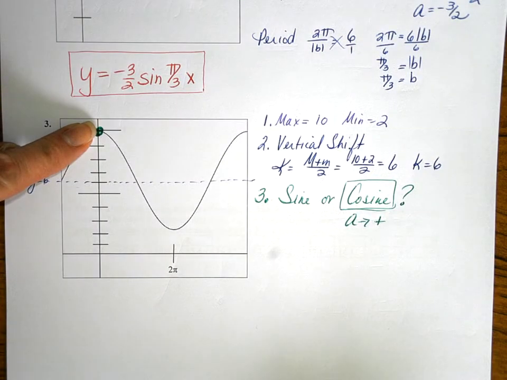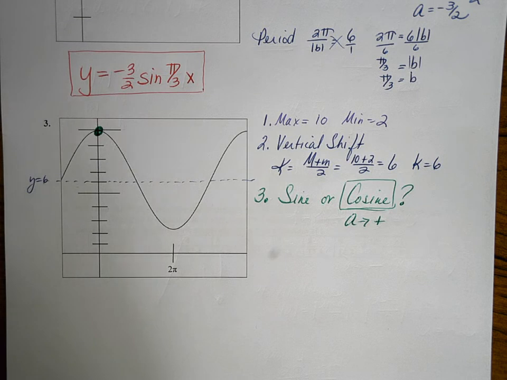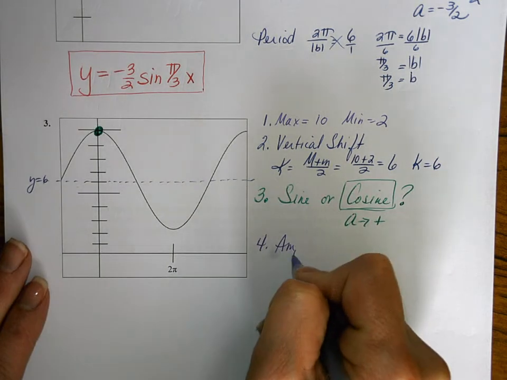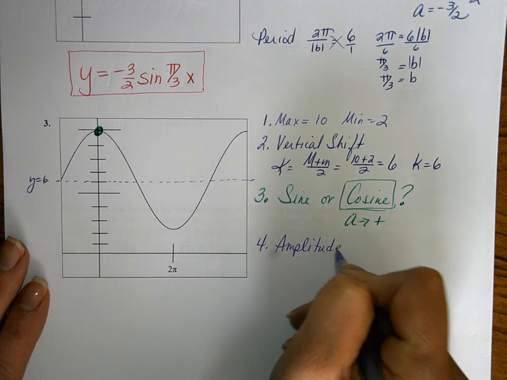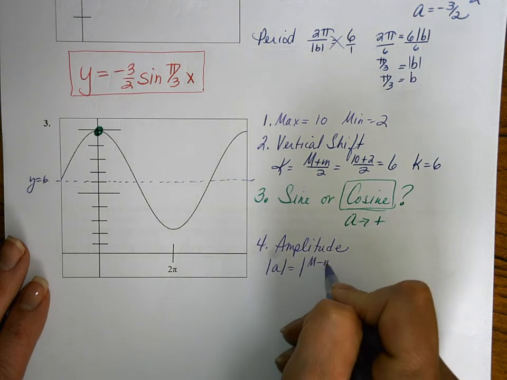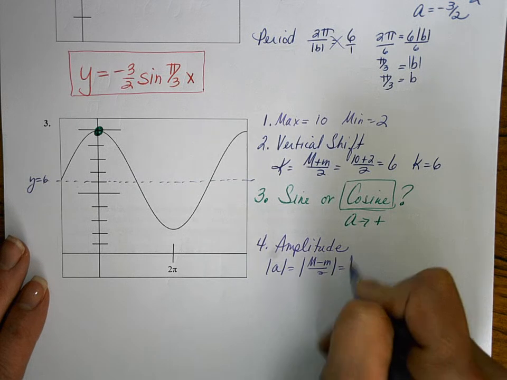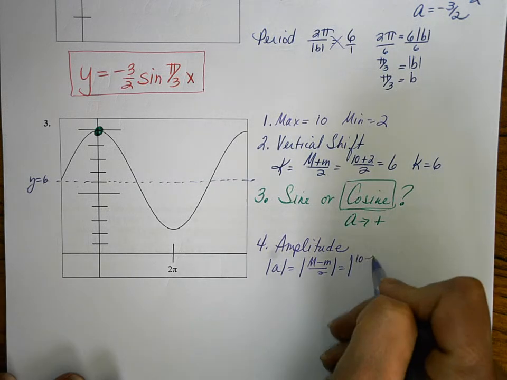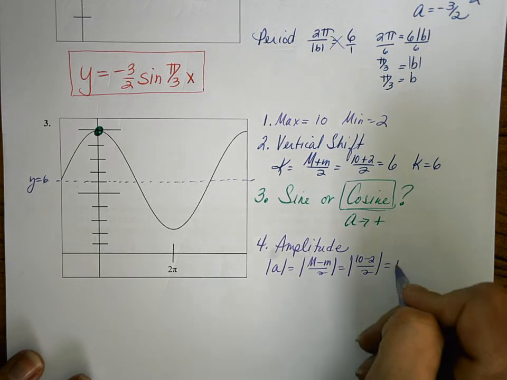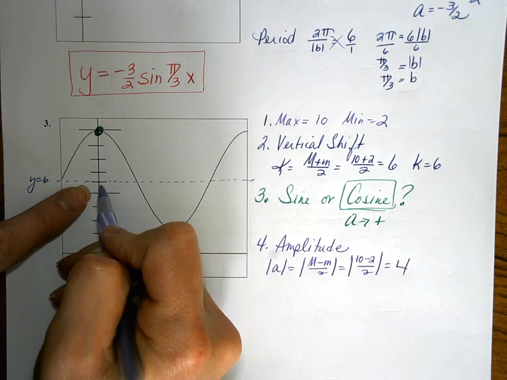The fourth thing we have to do is look at the amplitude. The absolute value of a is equal to the absolute value of the max minus the min, divided by 2. So the absolute value of my max 10 minus min 2, divided by 2, is 4. Here I am at 6, and I go up to 10.